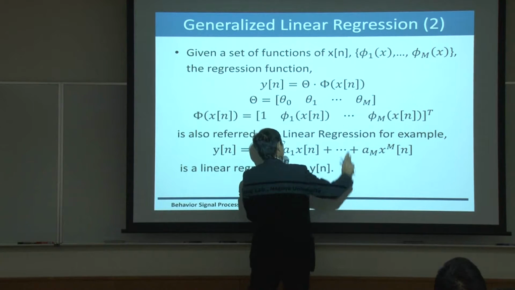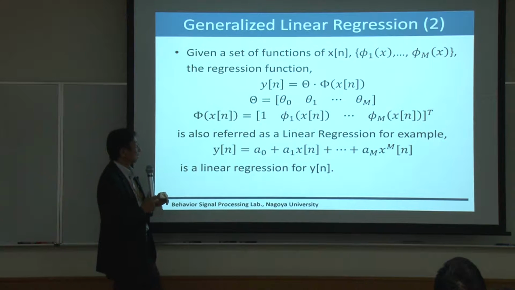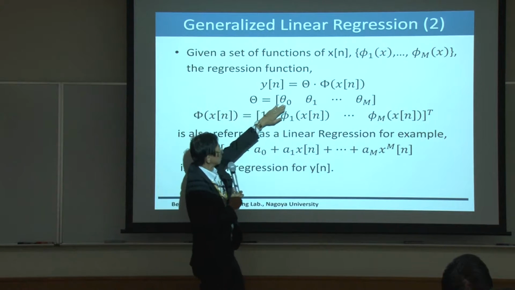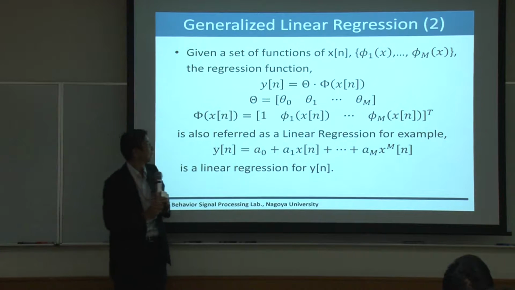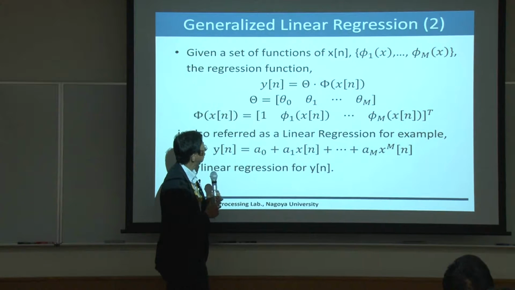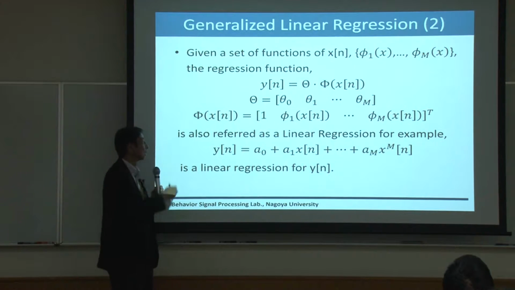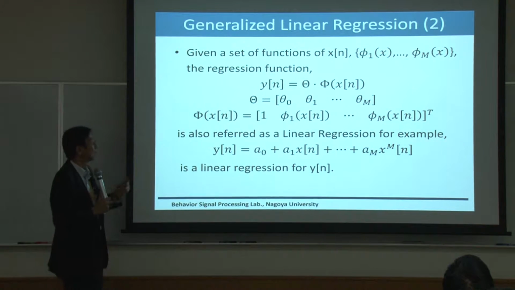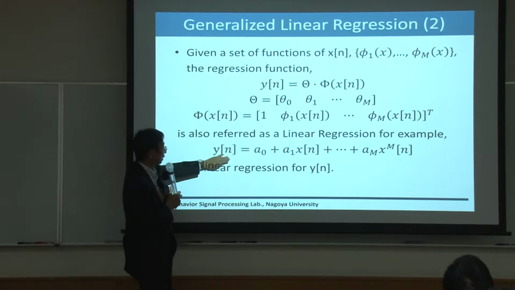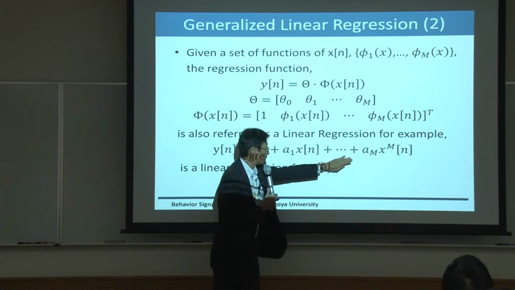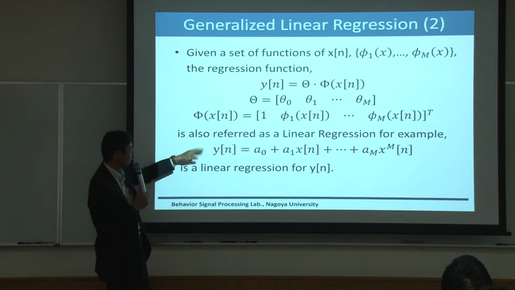Therefore, this is a column vector. So this ends up with the form of the previous slide. Maybe you can understand the meaning of the example. This is a very typical example that I mentioned in the previous slide, a multinomial regression.